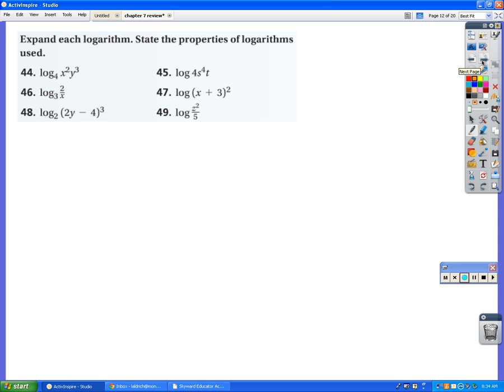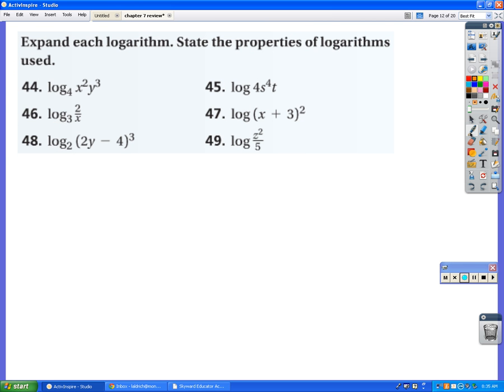Okay, now we are going to go the other way. Okay, easy, let's do this. Log base 4, 2 log. So 44, since this is multiplication, I'm going to expand it out to addition, and at the same time put the exponents down in front.